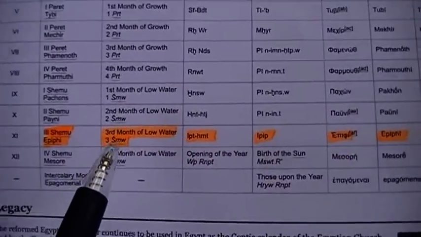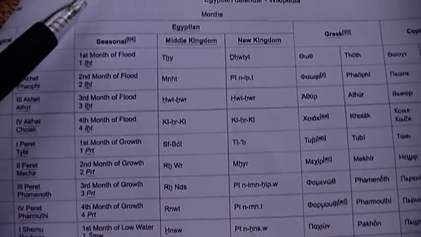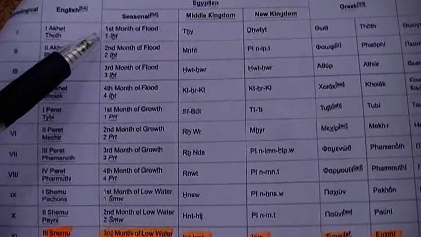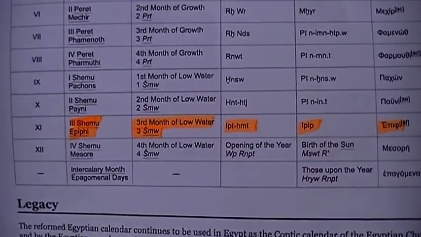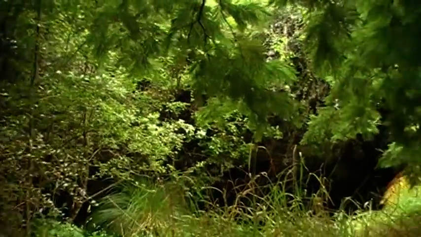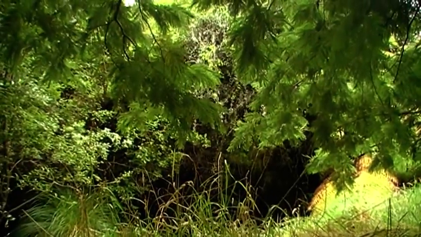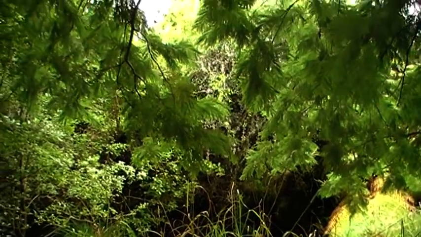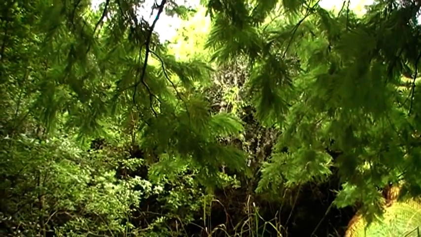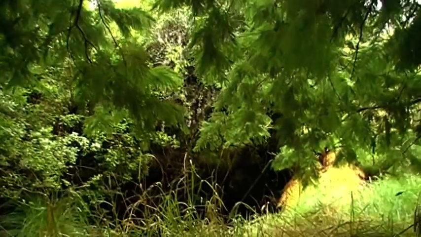So Epip or Abib happens a month or two just before the flooding of the Nile, okay, in ancient Egypt. Now, when you look up when does the Nile flood on the internet, you're going to find a lot of conflicting information, confusing information, and just some nonsense.